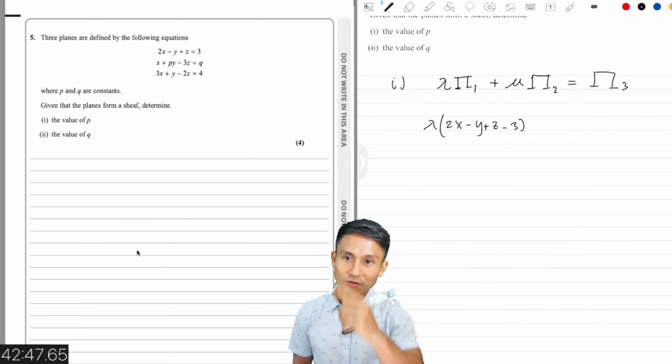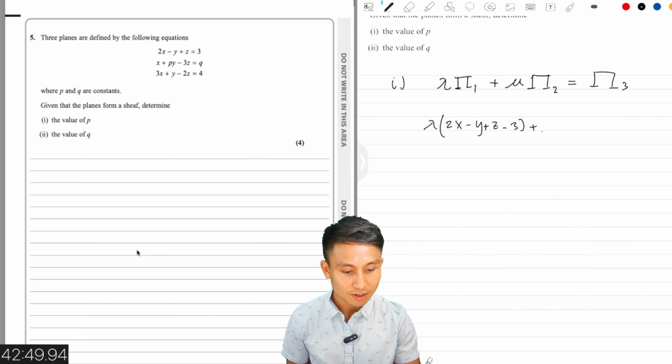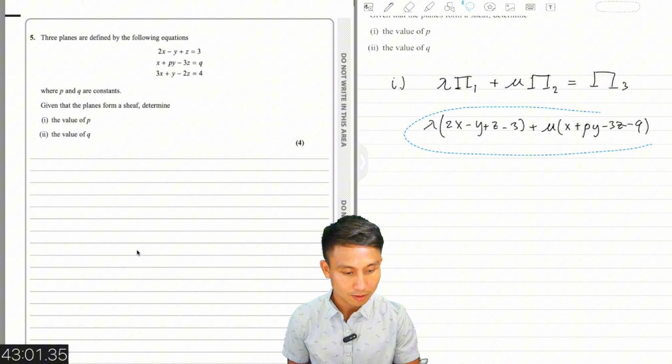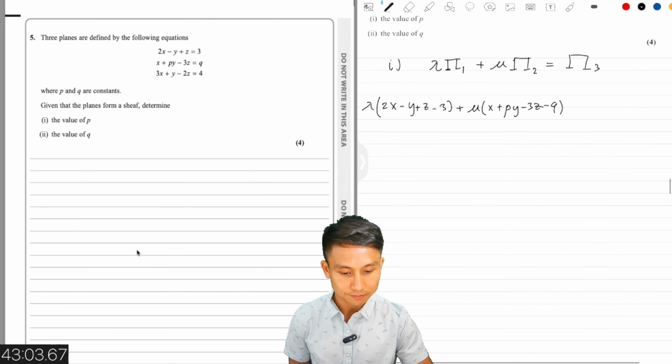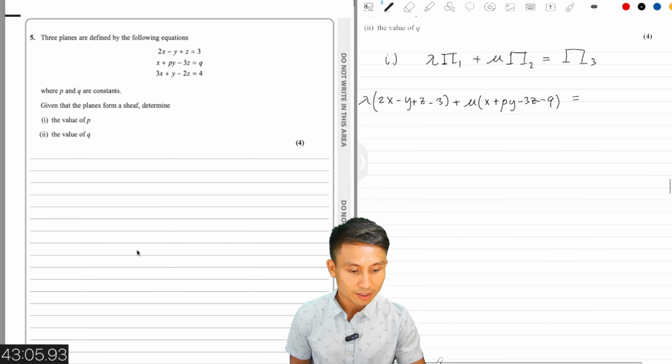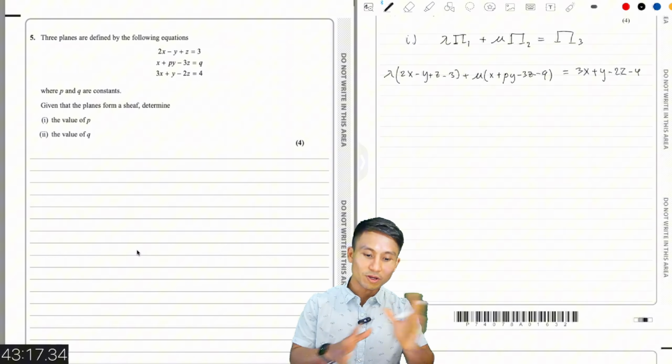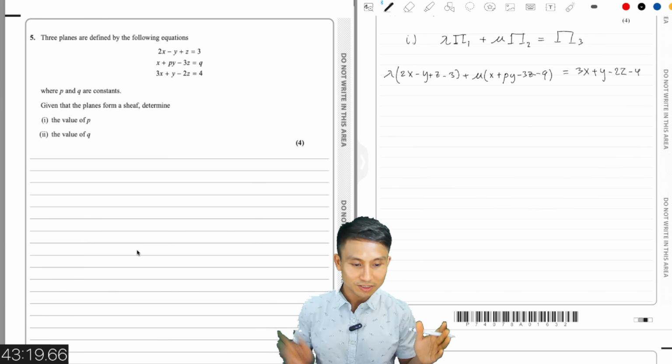I move everything to the left hand side first, plus mu, and then gamma 2 just x plus py minus 3z minus q. Yeah, that's a minus q there. And then equals gamma 3, 3x plus y minus 2z minus 4. That's it. A linear combination. It's like we are putting it into a linear system here.